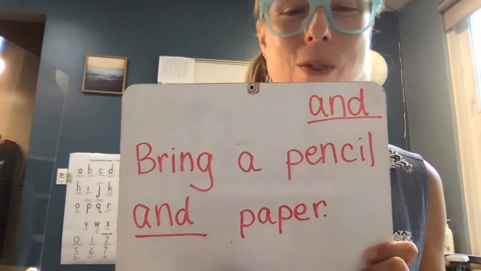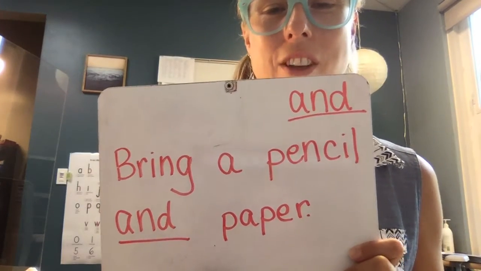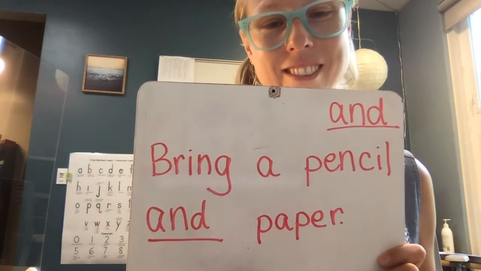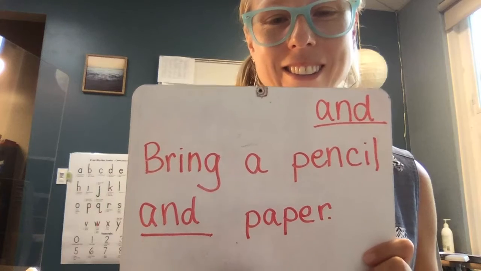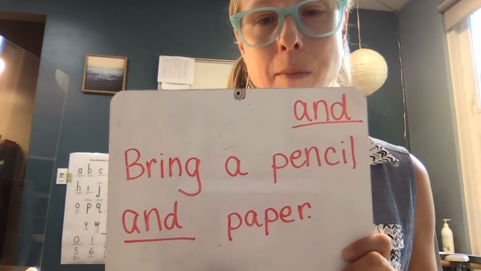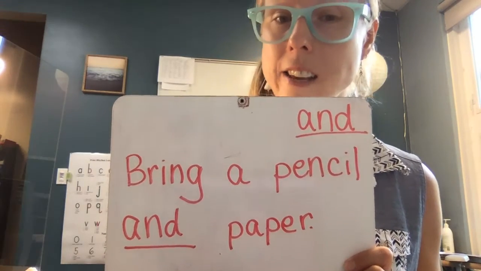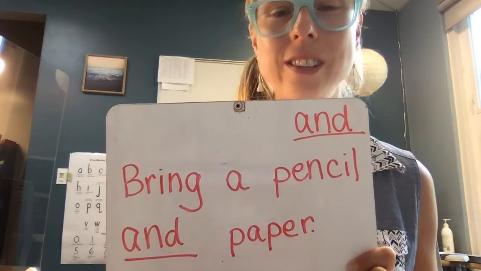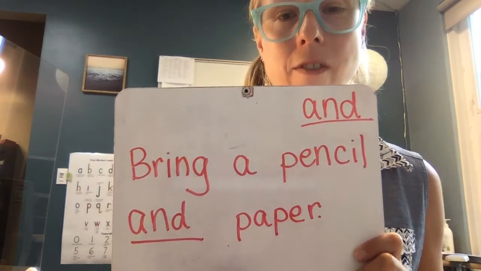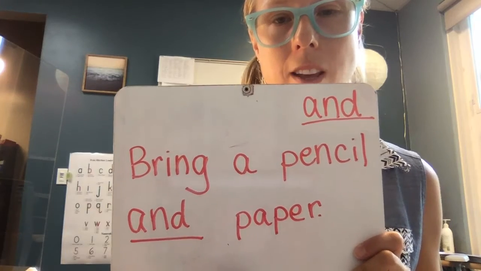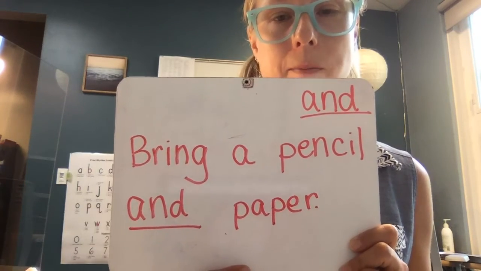And let's check our boards. We have a capital letter, a capital B at the beginning, and pencil has a C for the S sound. So you might have some spelling corrections to make, and you can look at my board to do that.